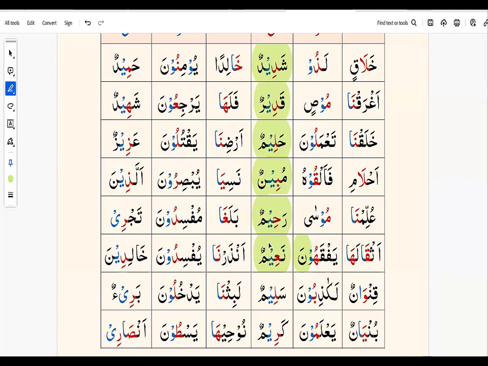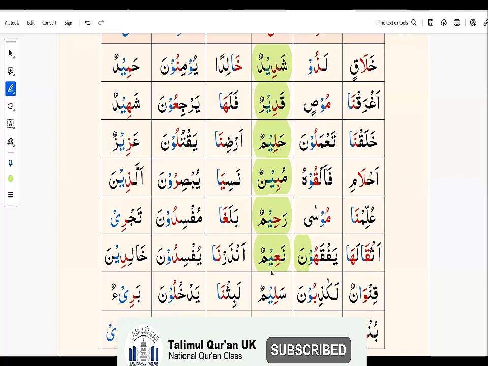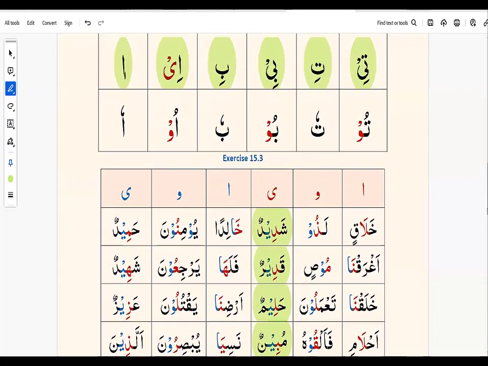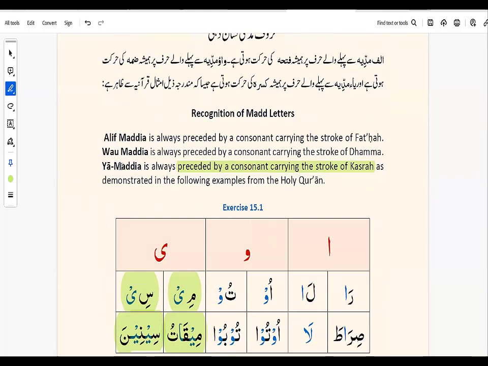Can you please explain the rule of ya madiyya to me? In ya madiyya, you always have to do 2 seconds, 2 counts. Well done. So you have identified that we prolong this for 2 counts. So I'll go back to the definition, where we can see that ya madiyya is always preceded by a consonant, which is our letter, carrying the stroke of kasra.